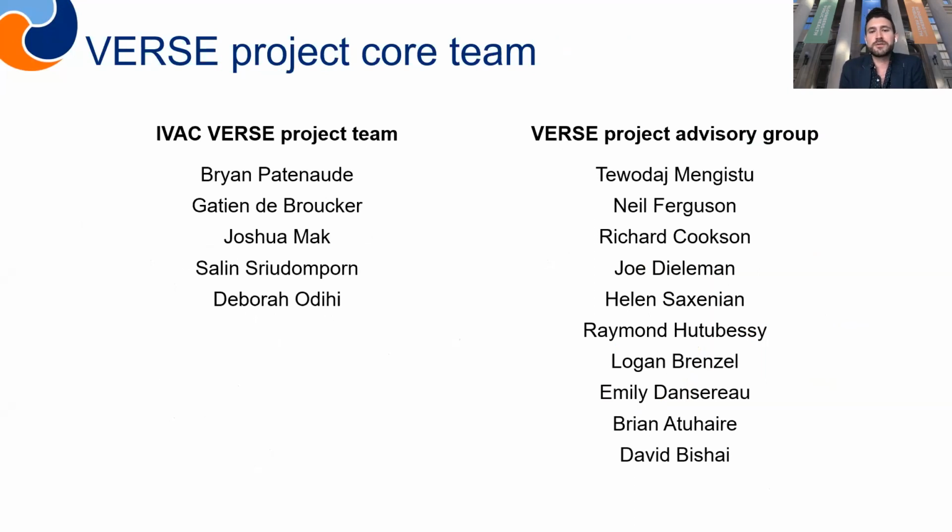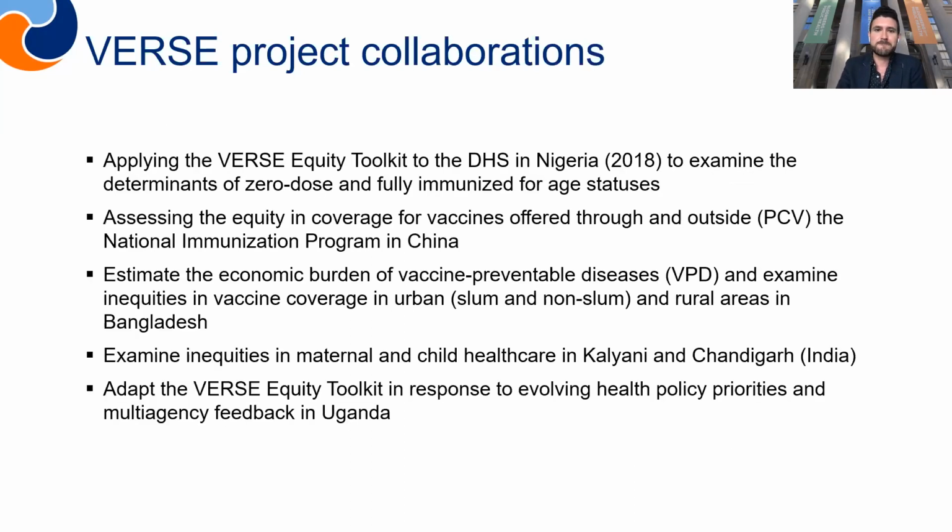And we have a core group which consists of members on an advisory committee who've given a lot of feedback on the methodology and presentation of the toolkit in its early stages of development. And those include members from Gavi, the Vaccine Impact Modeling Consortium at Imperial College, Center for Health Equity, IHME, Results for Development, the WHO, and the Bill and Melinda Gates Foundation.